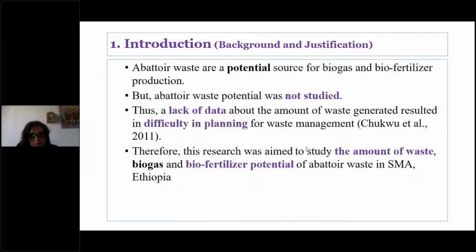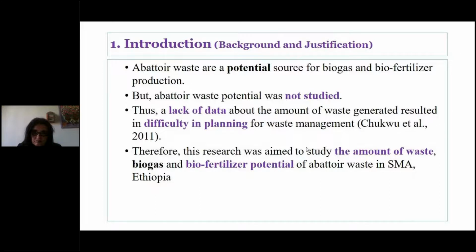However, abattoir waste is a potential source for biogas and biofertilizer. But the abattoir waste potential of Shashamane city has not been studied yet. Thus, the lack of data about the amounts of waste that could be generated from the area makes planning for sustainable management of the wastes difficult.